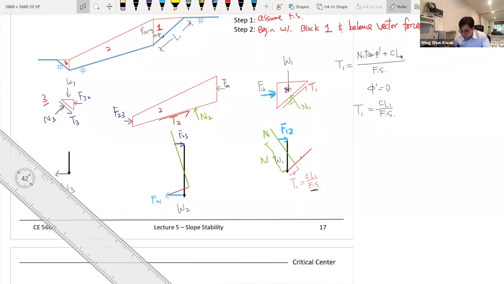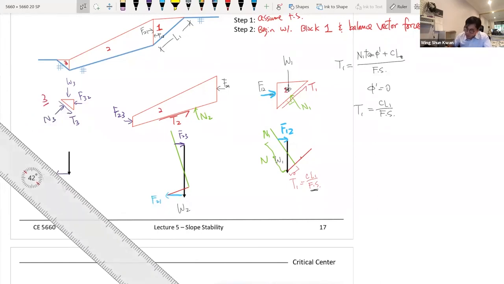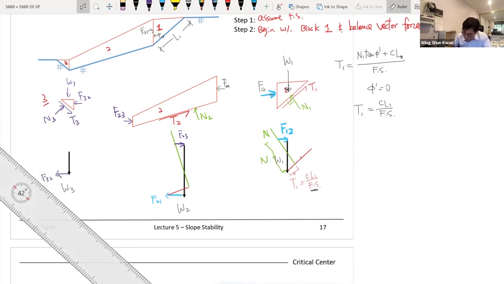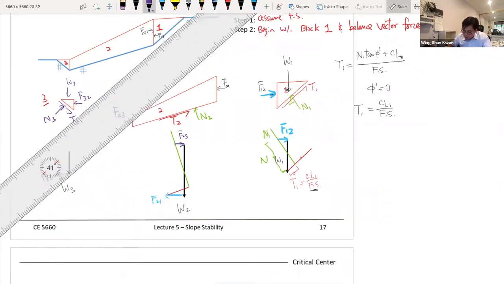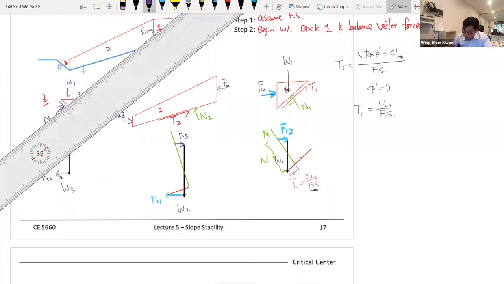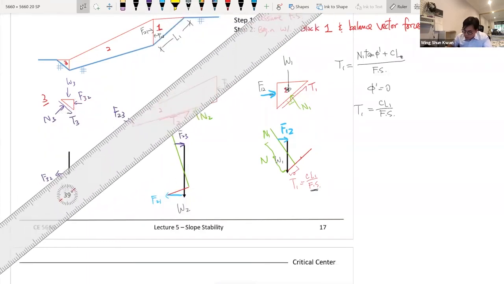You will go this way, which you can calculate. And then you know that at the end of the day, it should close.